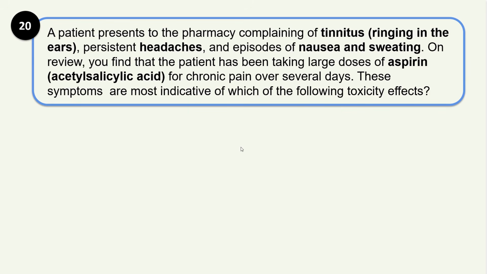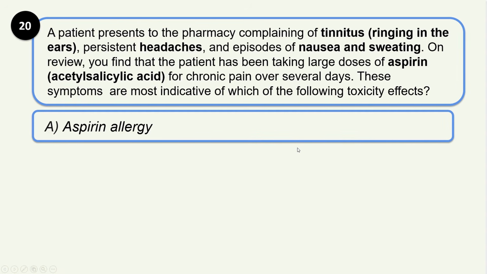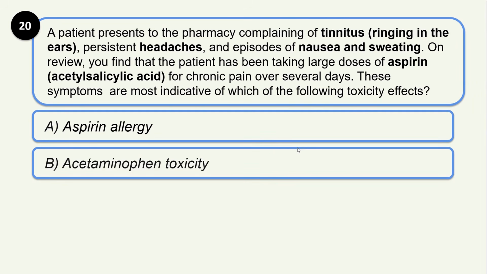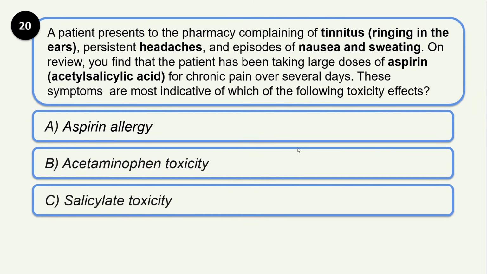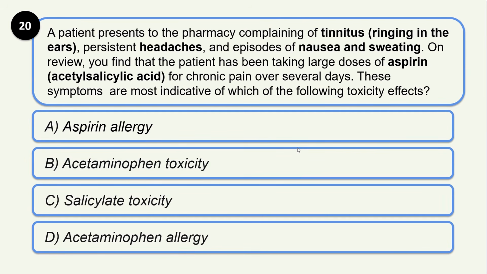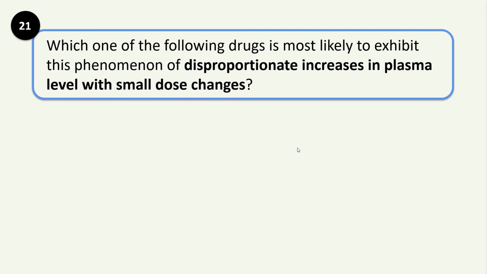These symptoms are most indicative of which of the following toxicities? A. Aspirin allergy, B. Acetaminophen toxicity, C. Salicylate toxicity, D. Acetaminophen allergy. Correct answer is salicylate toxicity. Salicylate toxicity can cause tinnitus, which is a ringing in the ear, or headache, nausea, warmth, or sweating.